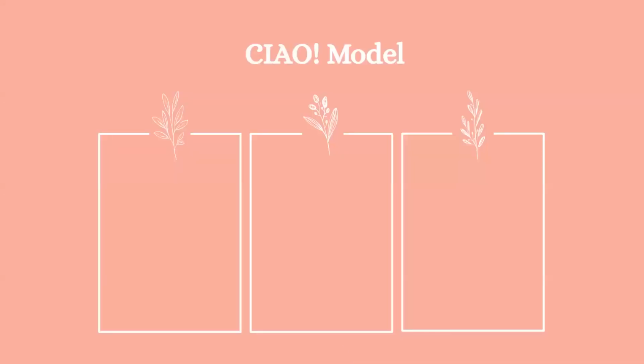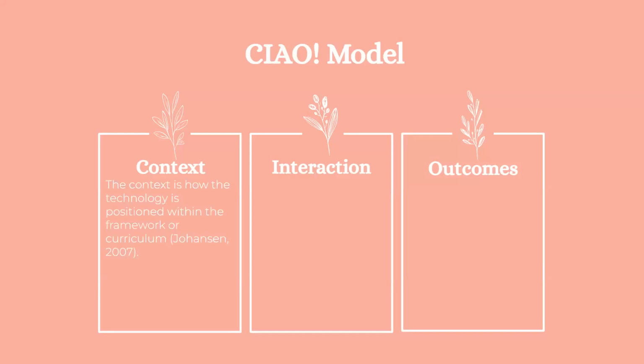All right, so the Chow model is a three-pronged method, and this one's more based in technology. So we're looking at the context, the interaction, and the outcomes. Now, the context is looking at how technology is positioned within the framework or within the curriculum being utilized. Is it being applied appropriately?